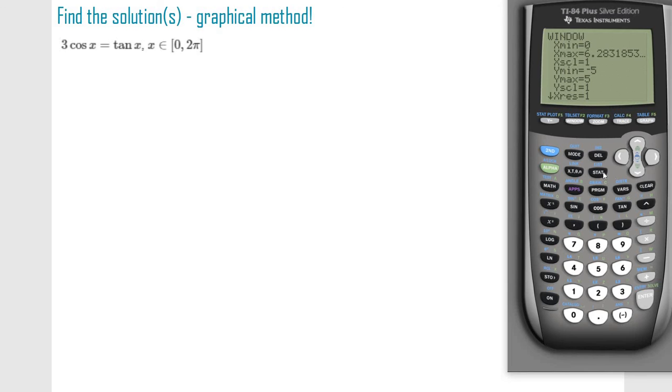And let's do it every pi over 4. Sure, those are my tick marks. Then my y's, I'm going to have it go from -4 to 4.